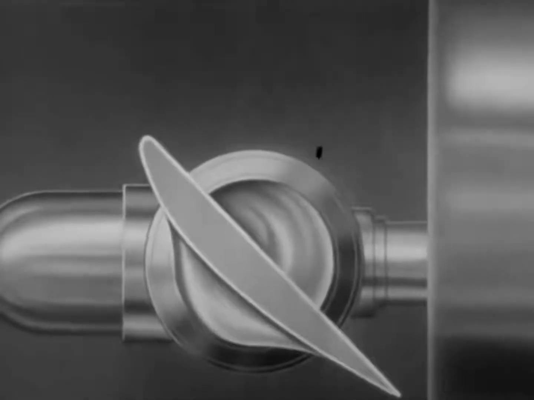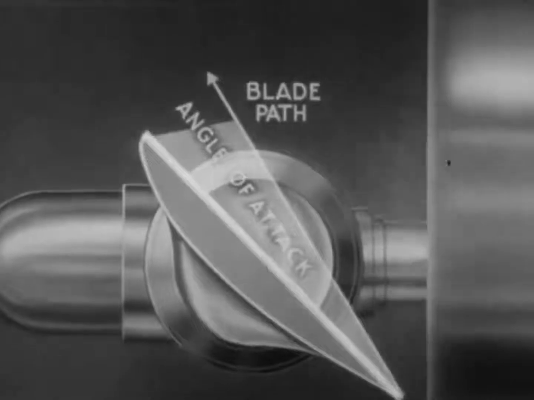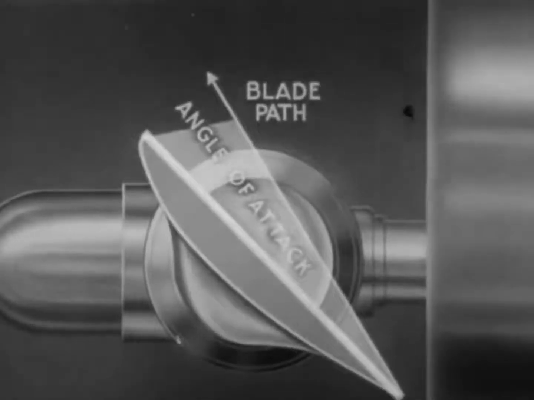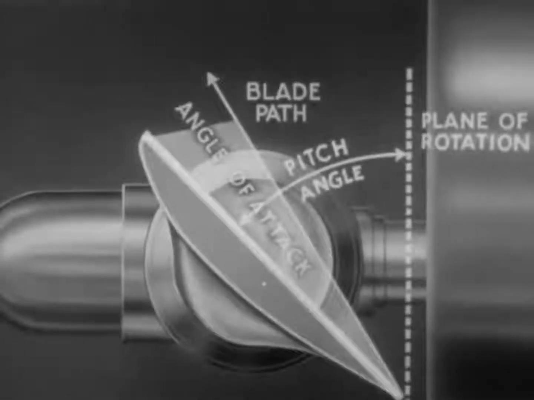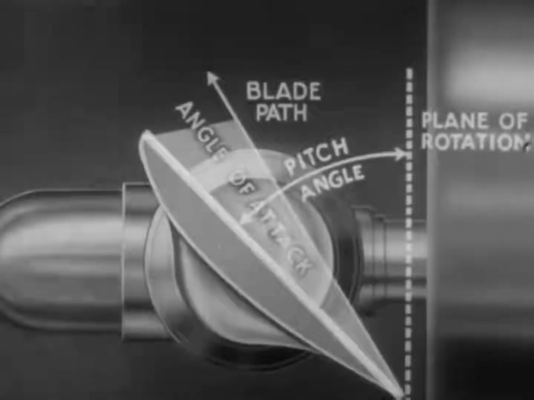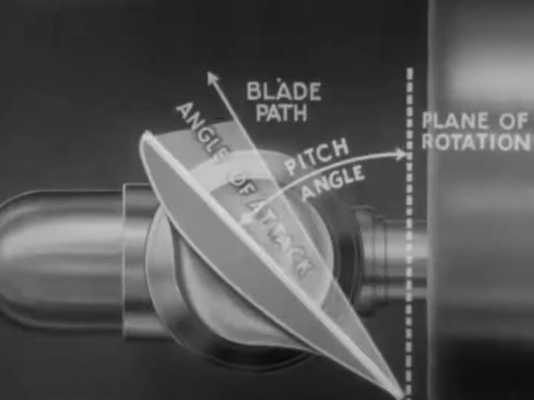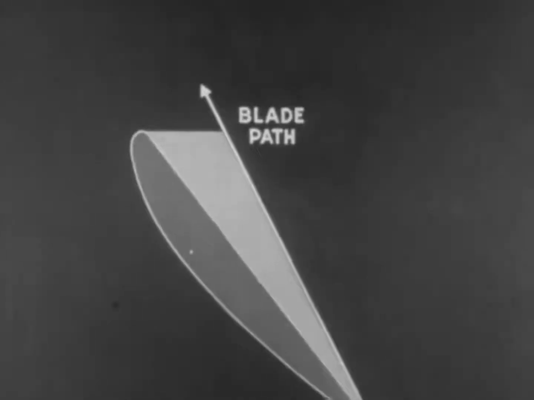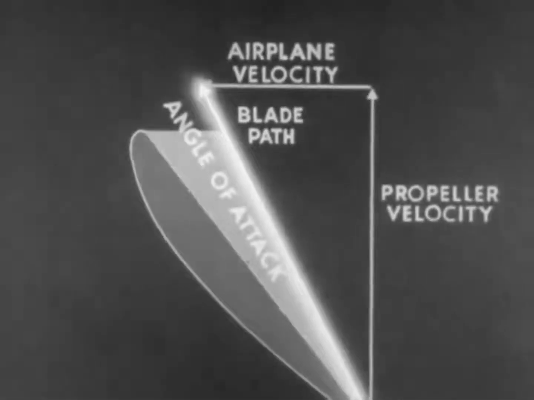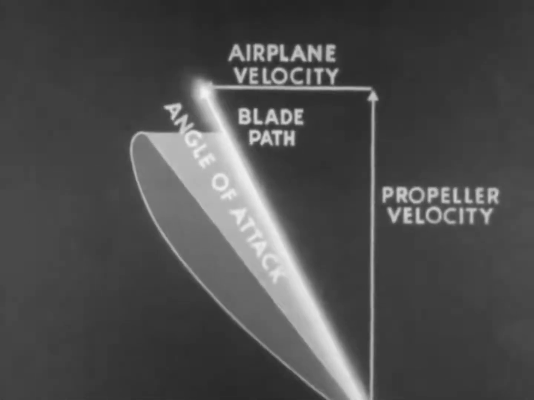In summarizing the principles of propellers, keep in mind the distinction between angle of attack and pitch angle. Pitch angle is varied to keep the angle of attack constant as the direction of the blade path varies. The direction of the blade path is the resultant of two vectors, the propeller velocity and the airplane velocity.